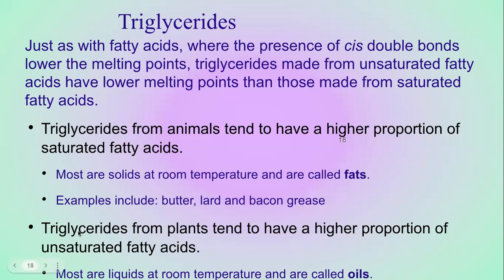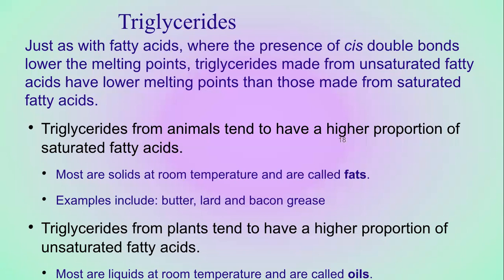And then triglycerides from plants tend to have a higher proportion of unsaturated fatty acids. So remember, those unsaturated fatty acids have those double bonds in them. And because of those double bonds, they can't stack on top of each other. So most are liquids at room temperature, and we call those oils.